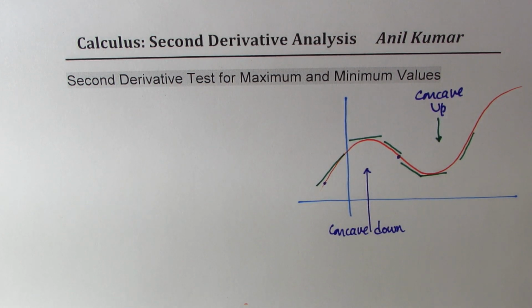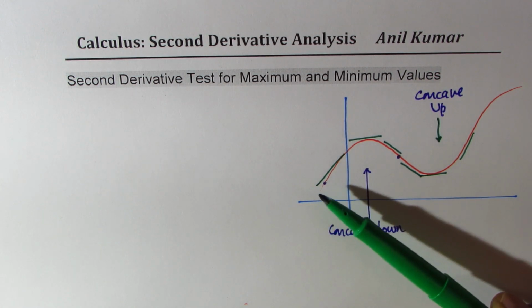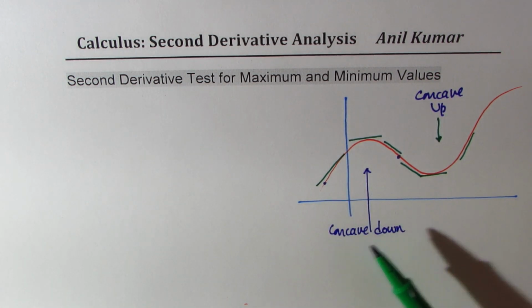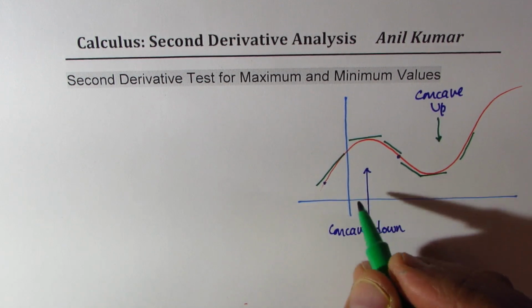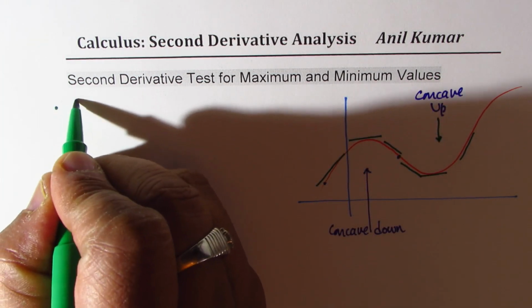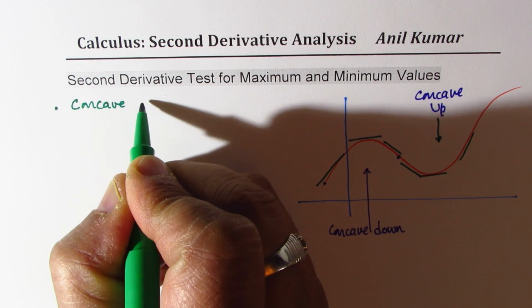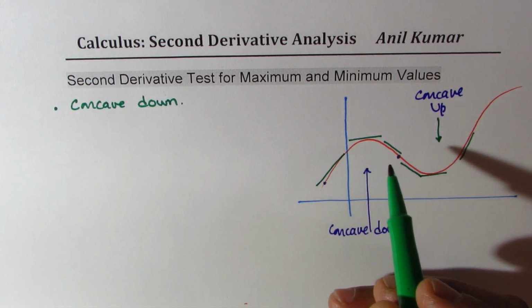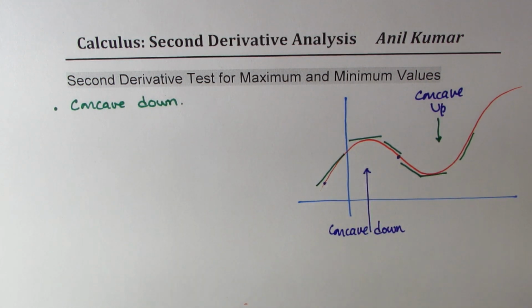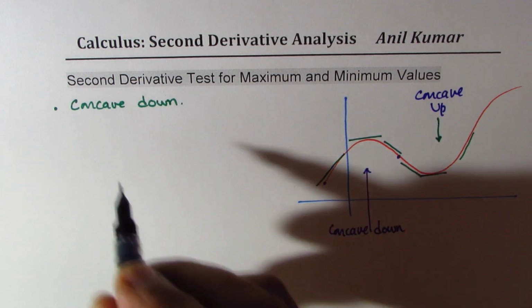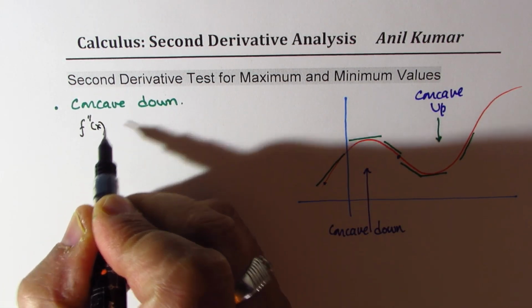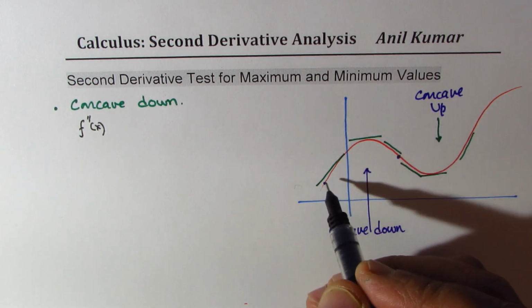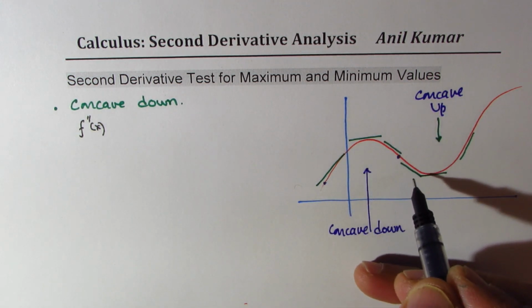Now, in between, we saw that the tangent line slope, when it is concave down, is actually decreasing, right? So in the first portion, let's call this the concave down portion. In this portion, we notice that the second derivative is always less than 0, because the slope is decreasing, right?